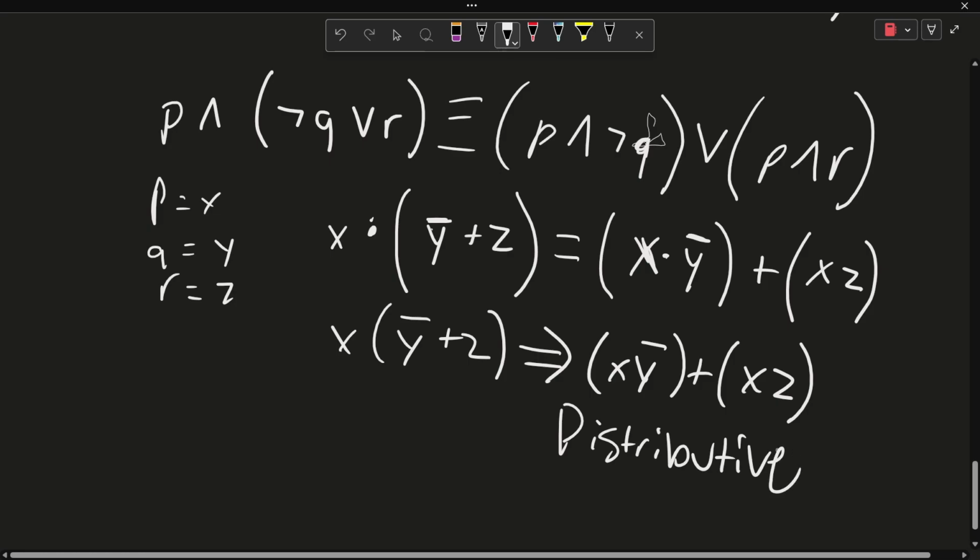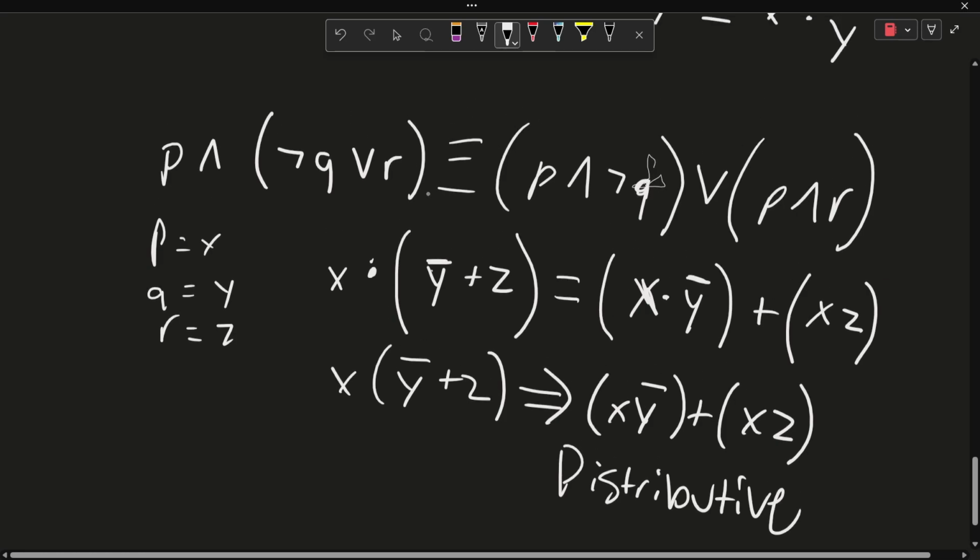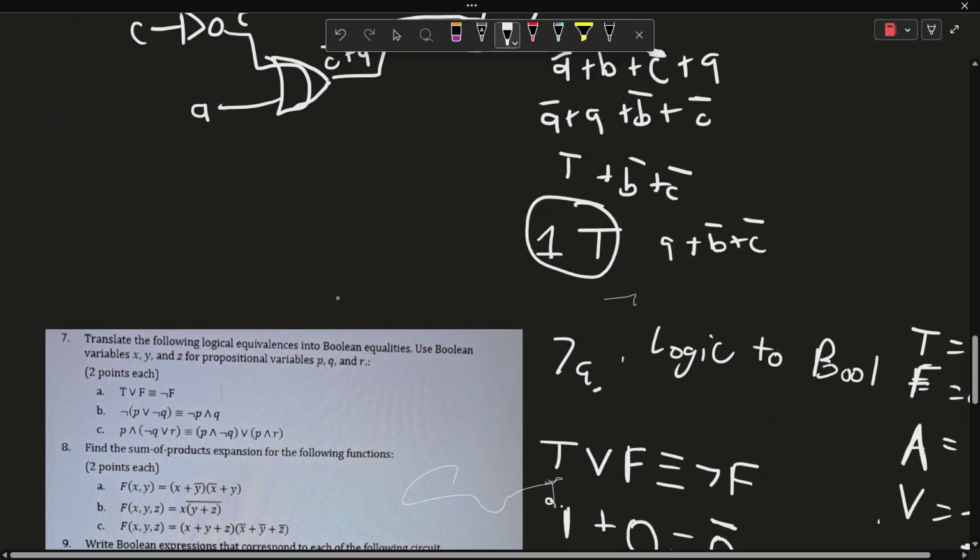Now let me see if this actually translates the following equivalencies. We did that. Use Boolean variables for propositional variables. Again, I don't know why they wrote the second part of it. You could really just leave it as P, Q, and R, but they wanted to get super specific on that for some reason.